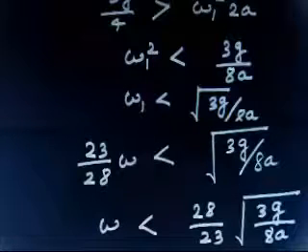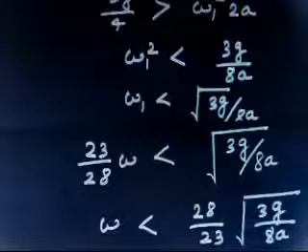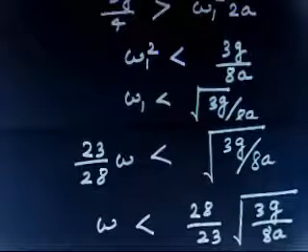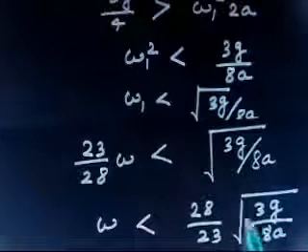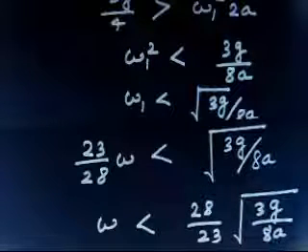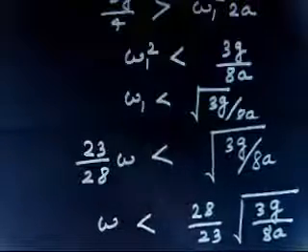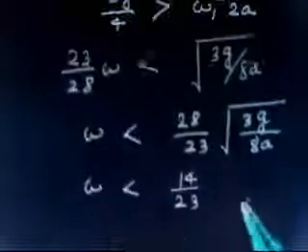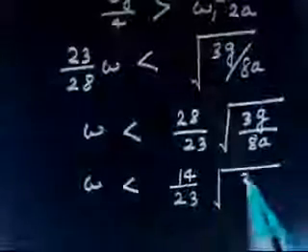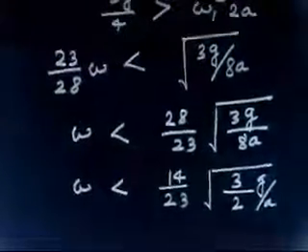So we will have omega should be less than, this goes inside, so we will have 7. So let us take 4 common, so we will have 2. So 2, 14 by 23 under root 3g by 2a. Are you getting or not?